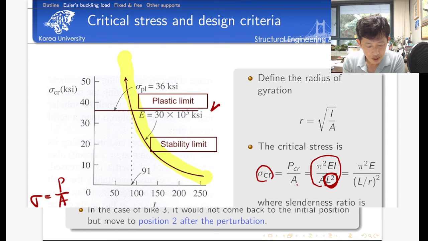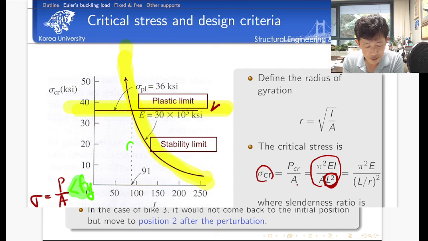So in our analysis, we have to check two different safety limits. The first one is the plasticity limit: the stress should be controlled to be less than the yield strength value. And the second one is the stability limit: my length of structure or the load level should be controlled so that the stress level is less than the stability limit.